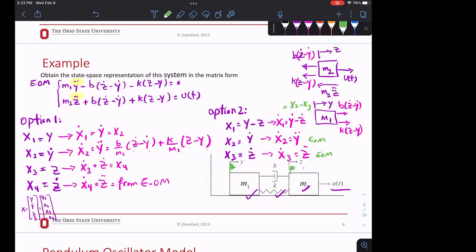Option 2 just says velocity of box 1, velocity of box 2, and the relative displacement of these 2 together. All right, so a simpler system. But when you are looking at these kinds of problems, you have to actually look at the system, how it moves, right? So you have to have an understanding of the state vector.